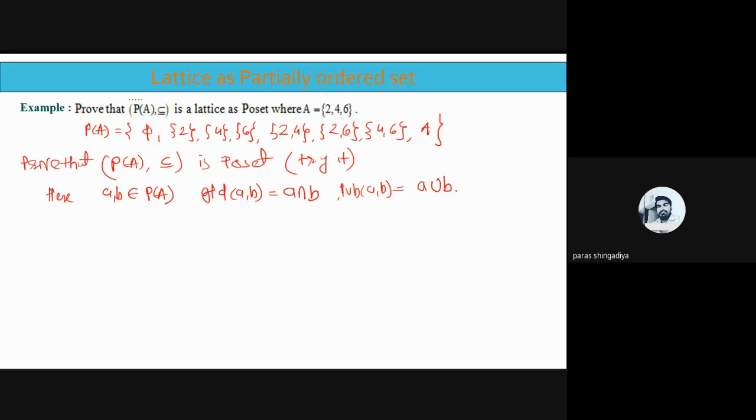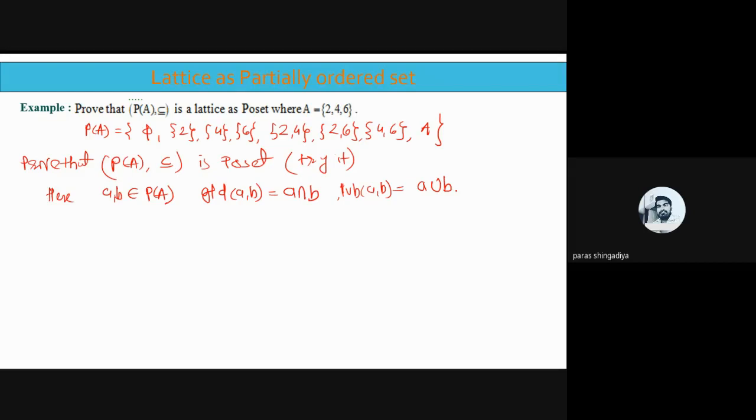Here an element is not a single value; each element is a set, like singleton {2}, {2, 4}, {2, 6}. So we cannot find the minimum or maximum, GCD, LCM, and so on. Therefore, we are using A intersection B and A union B.